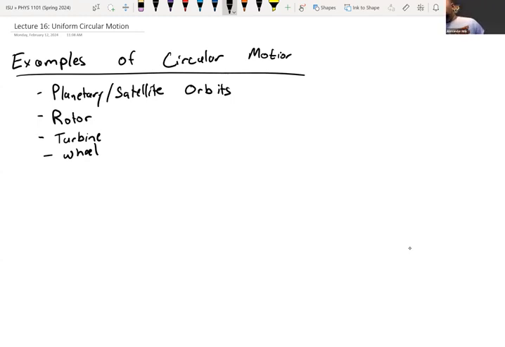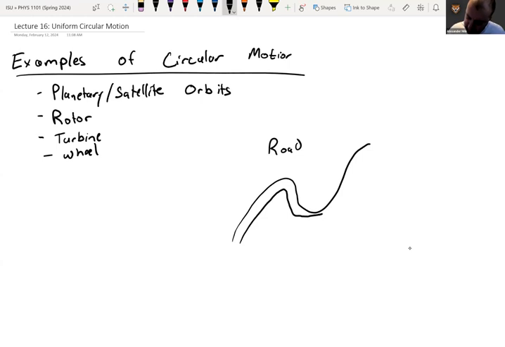Now, you might say, okay, fine, it'd be helpful to analyze these things, but here's the other thing. If we had, say, a road that looked like this, and we say that we've got this curve in the road, we wouldn't necessarily say that that's a circle.